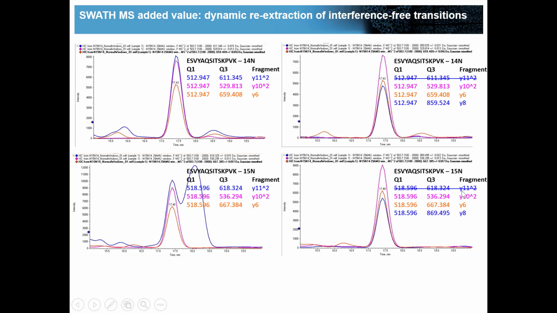So we delete this Y11 doubly charged ion, and we just add in this Y8, and now we get back to a clean signal. What I'm trying to get at here is that we have this completeness of the data, which allows you to do these iterative types of reanalysis of the data and dynamically select what you actually want to extract.